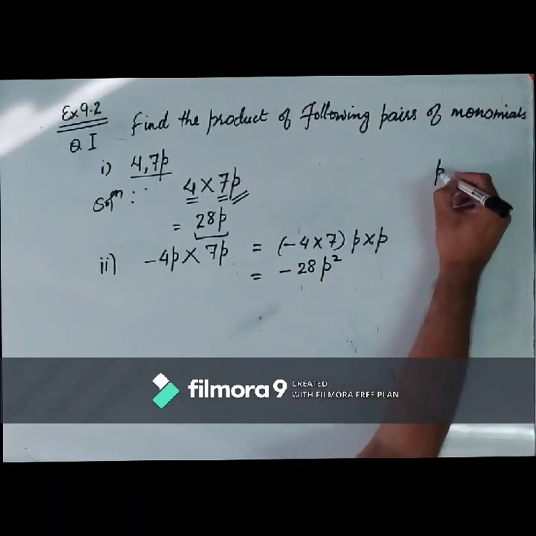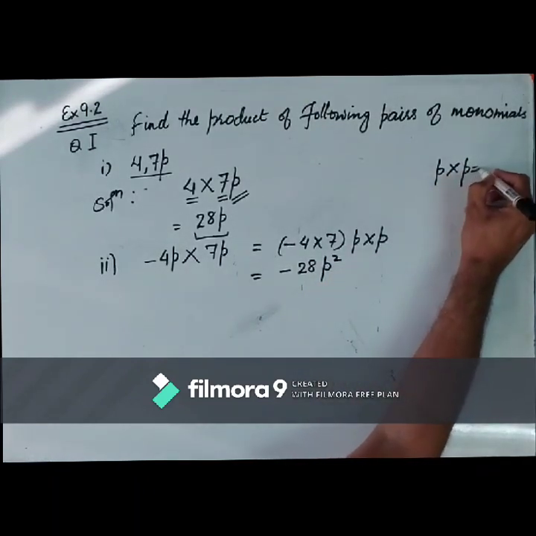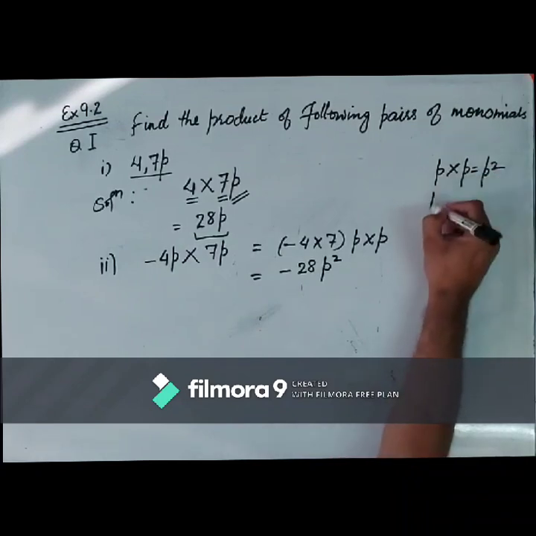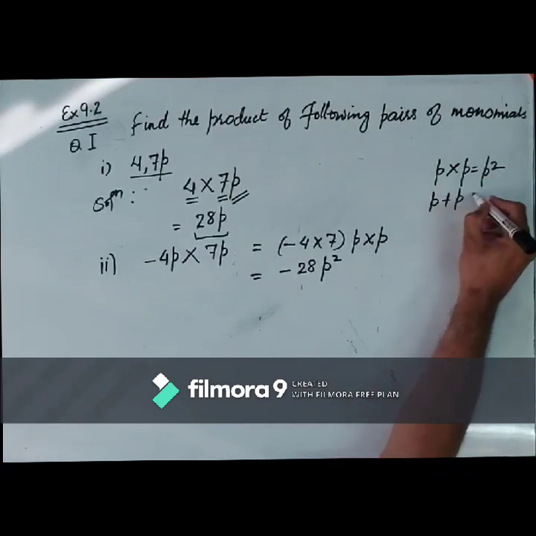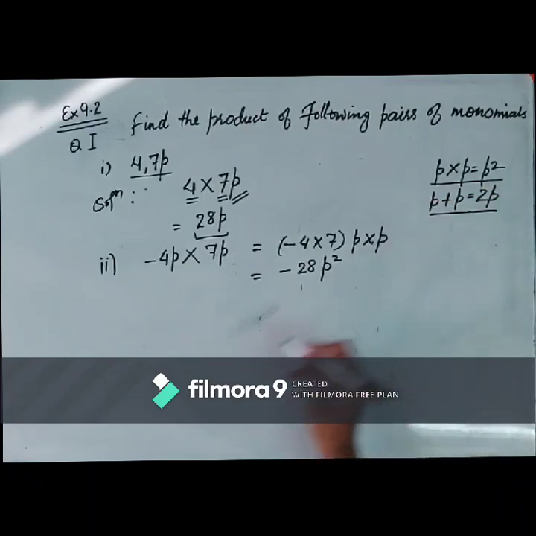Remember, p into p is equal to p square, and p plus p is basically 2p. So make sure you know the difference between the product and the addition of the variables.